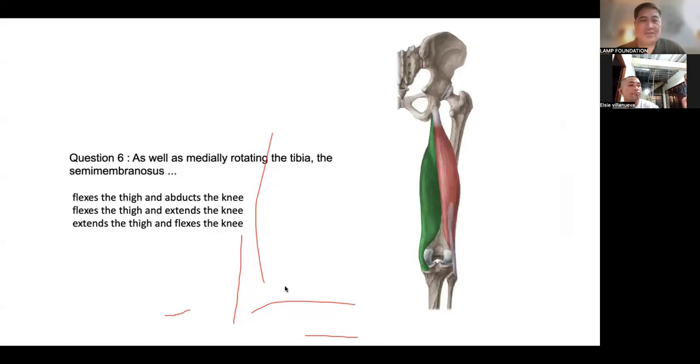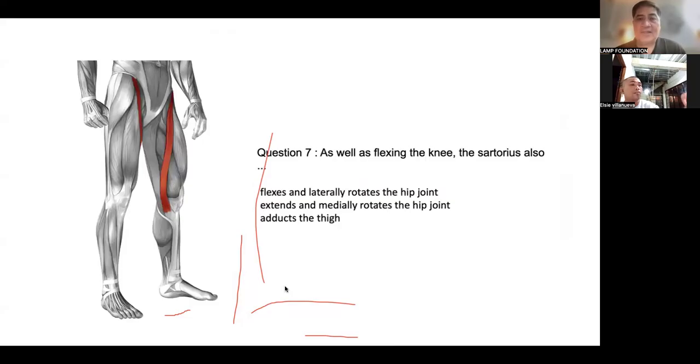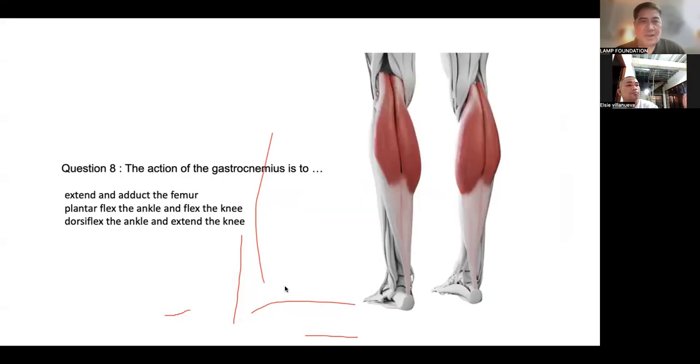As well as medially rotating the tibia, the semimembranosus extends the thigh and flexes the knee. As well as flexing the knee, the sartorius also flexes and laterally rotates the hip joint. Action of gastrocnemius: plantar flex the ankle and flex the knee.